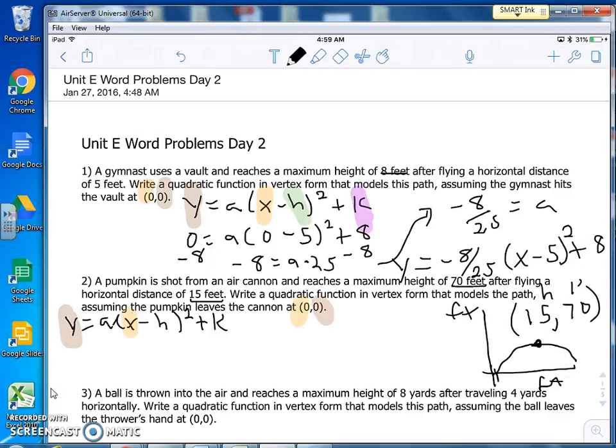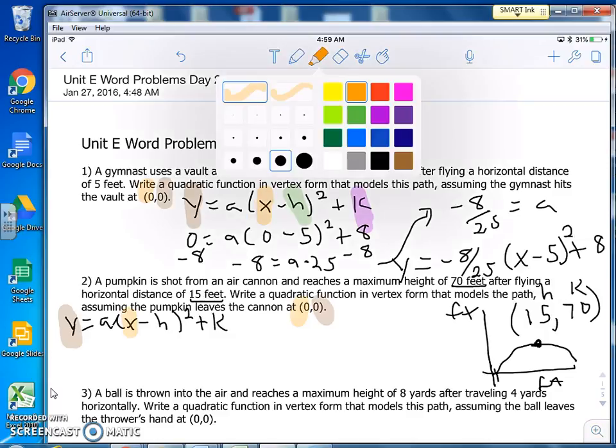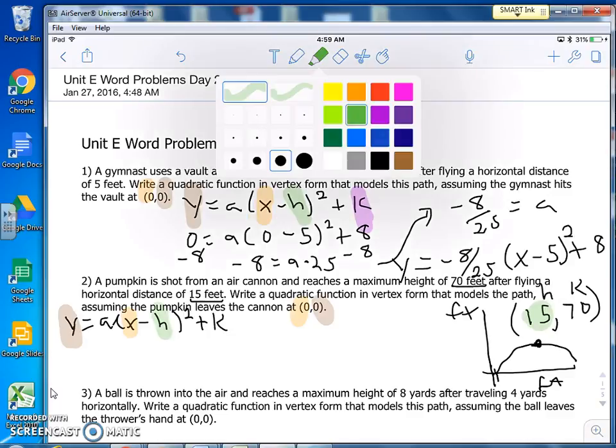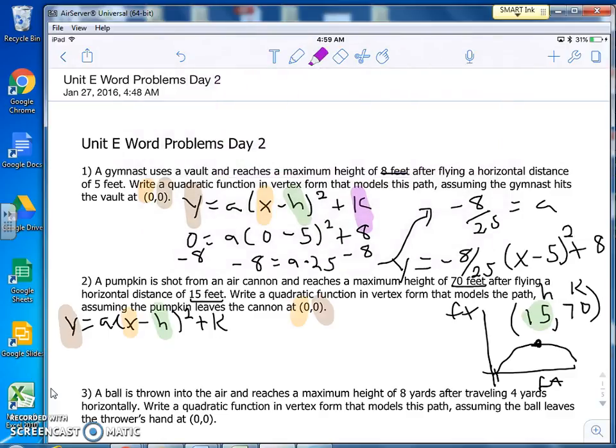So if we have it as h, k, that's more important to us. And for h, we're going to use our 15. And for k, we're going to use our 70.